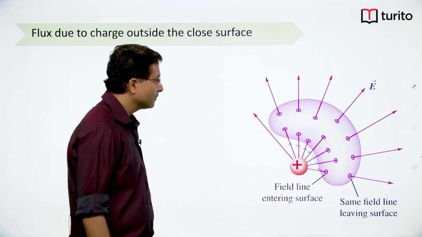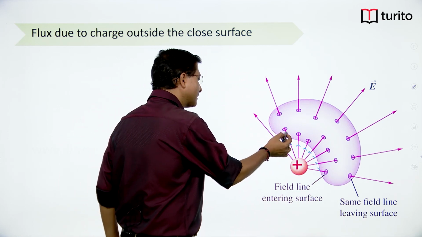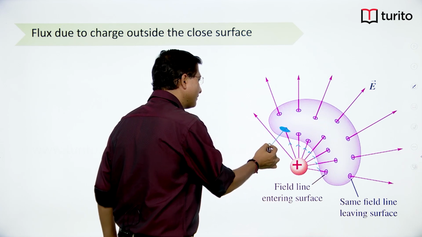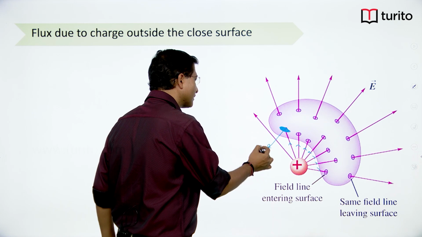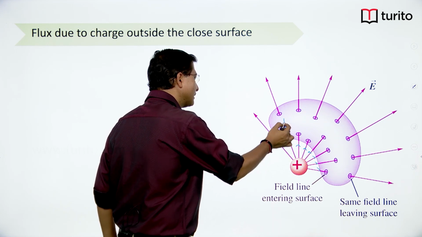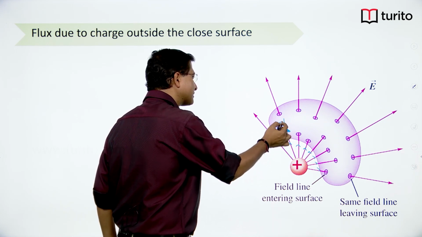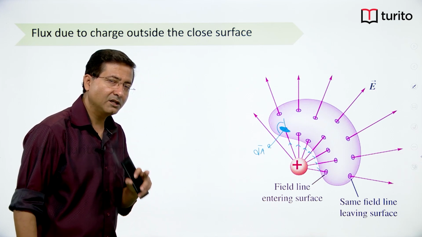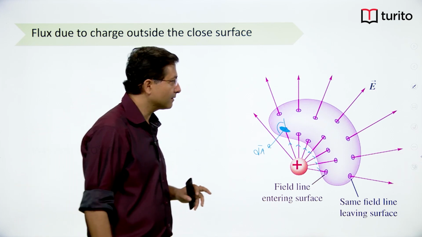Again the same logic: if you take a small element here, the area vector will be like this, and you can see the field lines this way. If you extend this, the angle is coming greater than 90 degree, so theta greater than 90 degree gives minus.